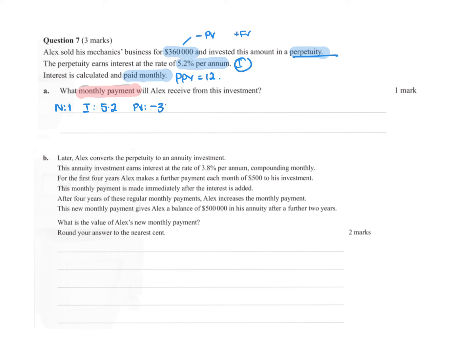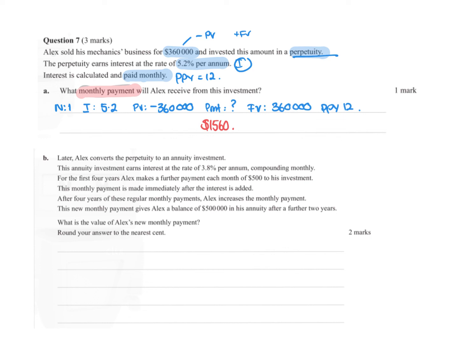PV is negative 360,000. Payment is my question. FV is the positive PV because it's a perpetuity, and PPY is 12. So we can go find that out. Okay, when we do that, we get an answer, the payment as 1560.